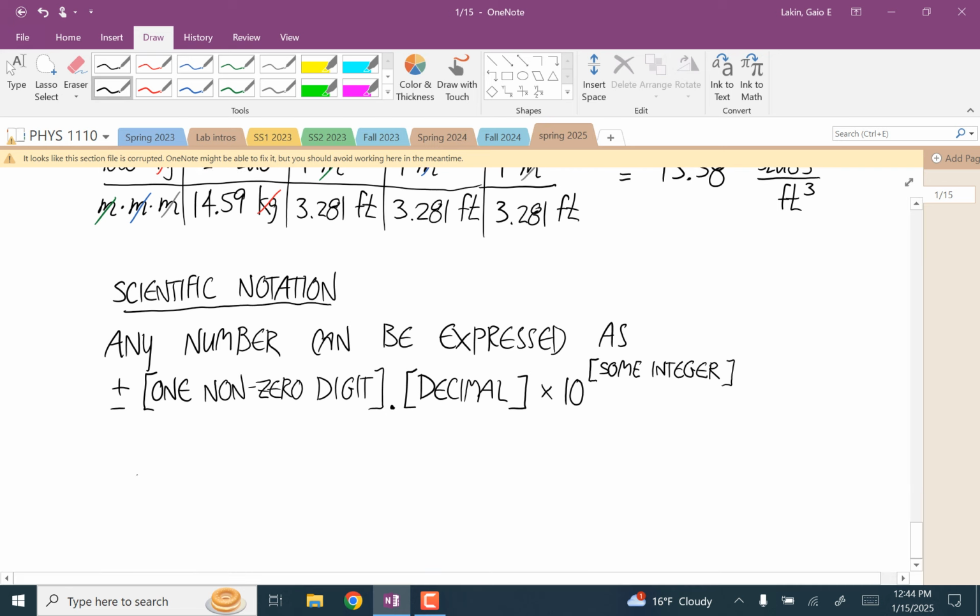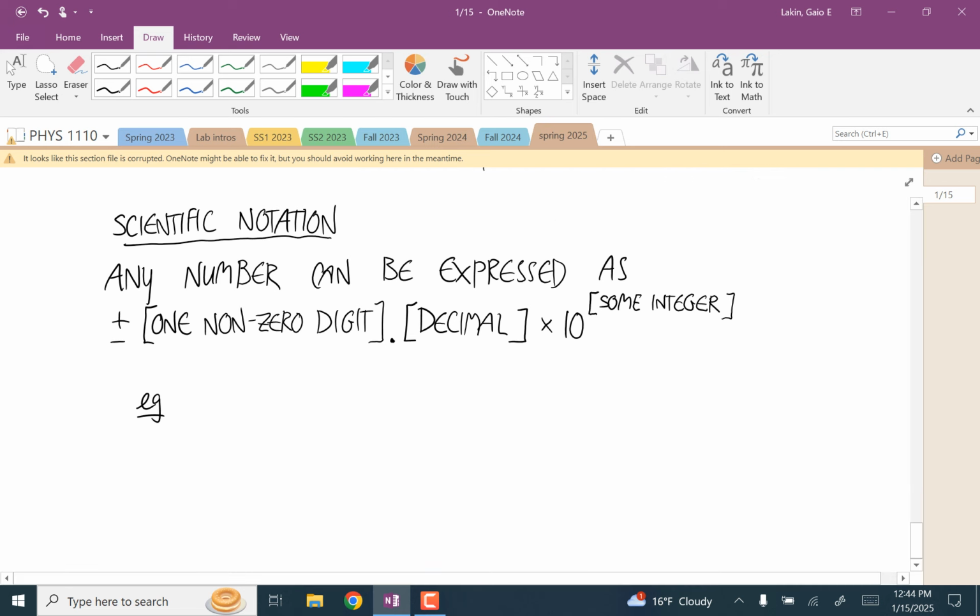Okay, so for example, the number negative 3,481.9 can be written as negative 3.4819 times 10 to the third. 10 to the third is 1,000, and so 1,000 times this clearly gives you this.